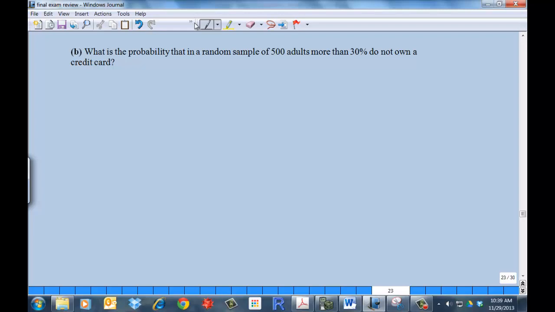Okay, so let's go ahead and write this down. I'm going to be very clear about what we're doing here. So I'm going to say p hat follows a normal distribution with mu p hat, the mean of the normal distribution, equal to 0.29, and sigma p hat, the standard deviation which we calculated above, equal to 0.0203.